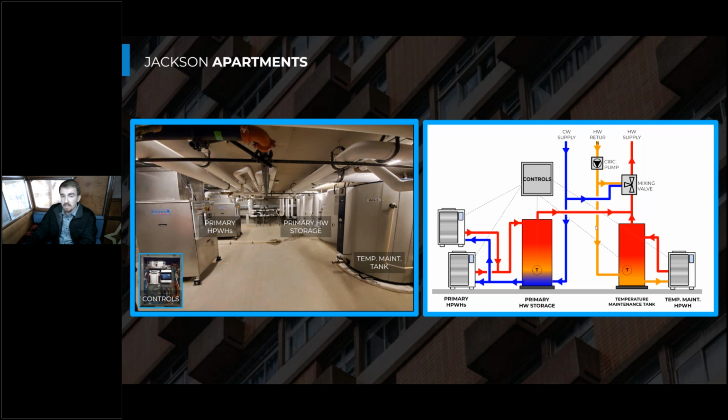In a series storage, this auxiliary heater does not need to be used if there's enough hot water usage that pulls this primary storage through the temperature maintenance tank and effectively heats it before it's being used by the building.